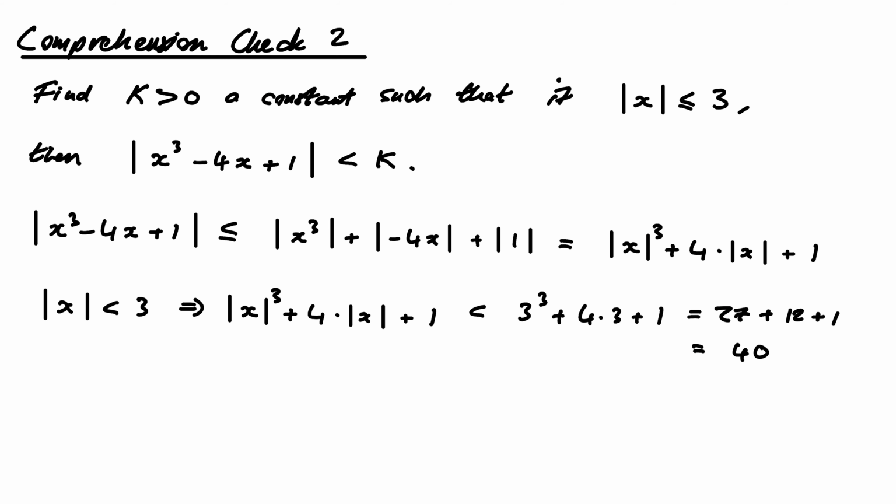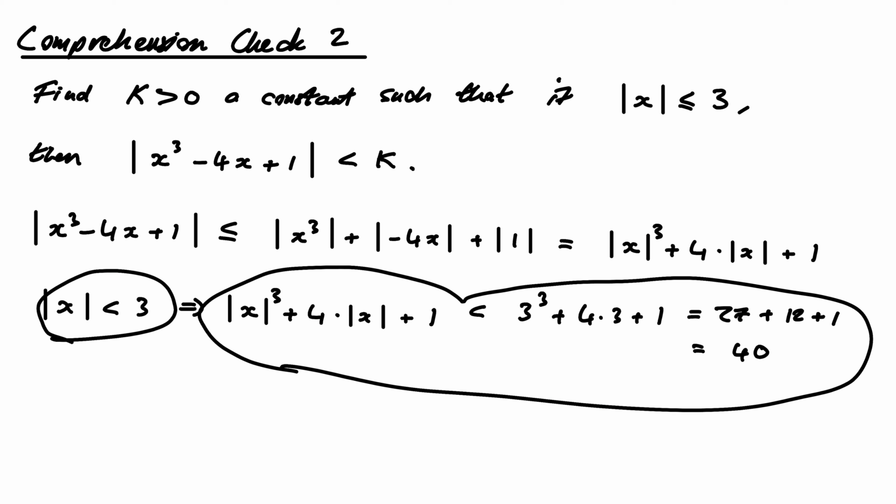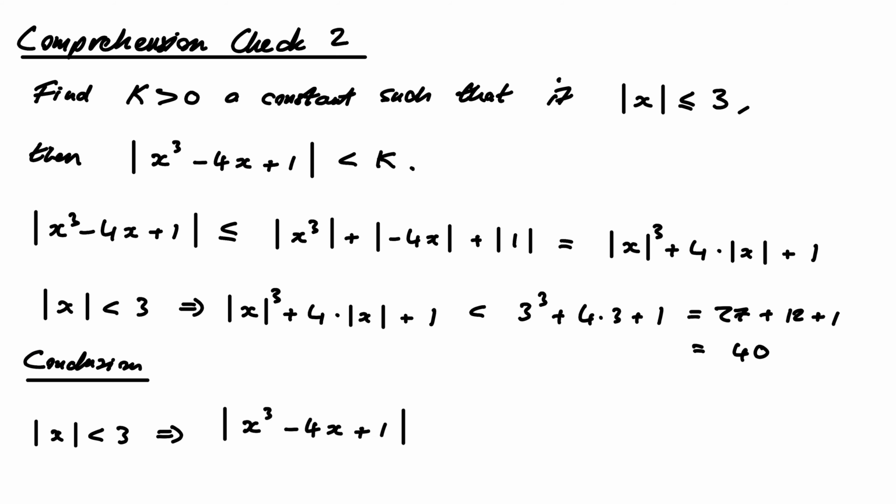So let's just have a moment to think about this. We know that if this is true, then this is true. Okay, so I'm less than 40. So the conclusion is that if this is true, then my original expression, that guy, by the triangle inequality is less than or equal to this guy.